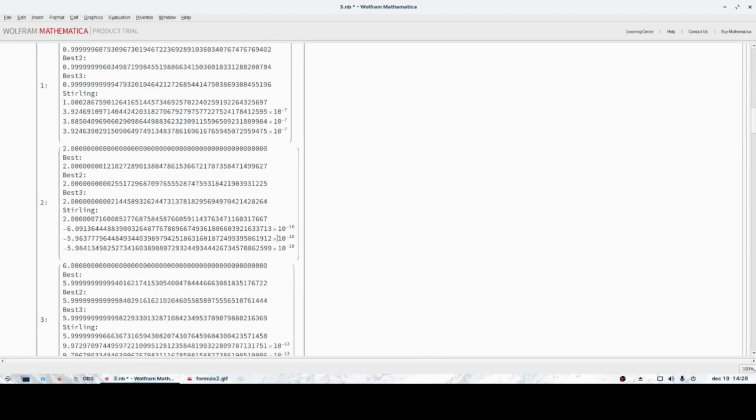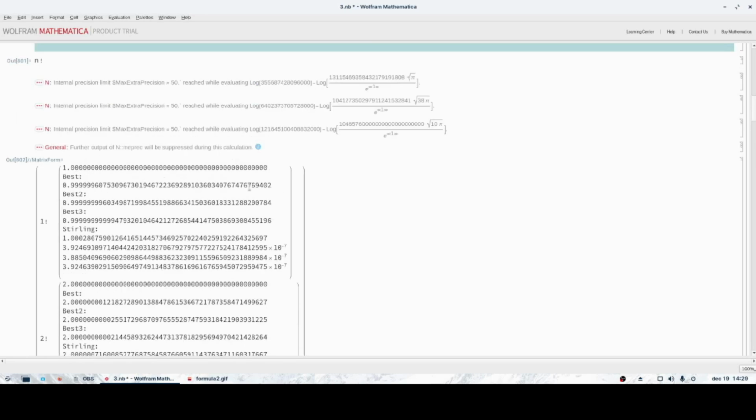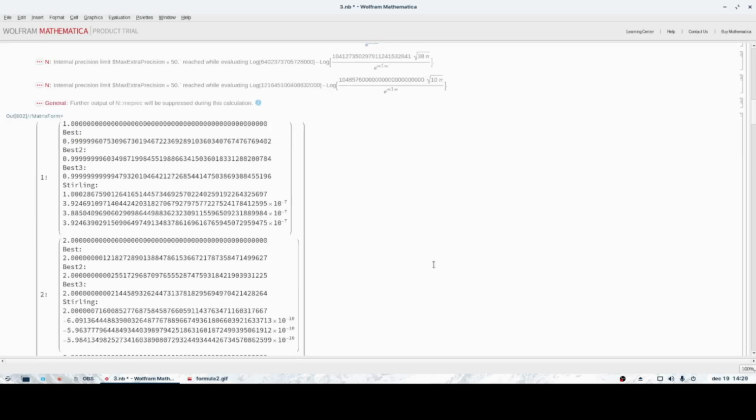So we can see the results are slightly the same or better for this new formula, or this new case.